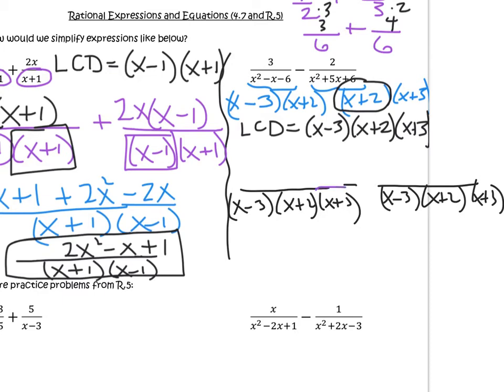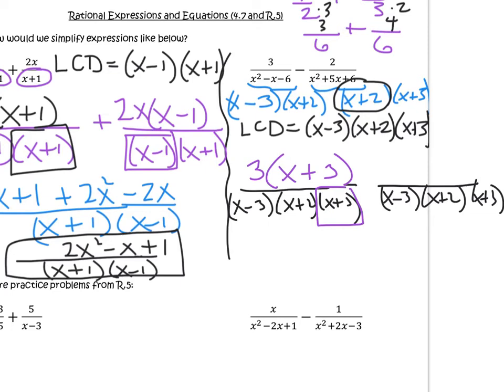This x plus 3 is the part that I multiplied my old fraction by to get to my new fraction. So I'm going to bring down the 3 and multiply by x plus 3. And if you were to cancel those x plus 3's, you would have the exact fraction you started with. So that means we haven't changed anything.